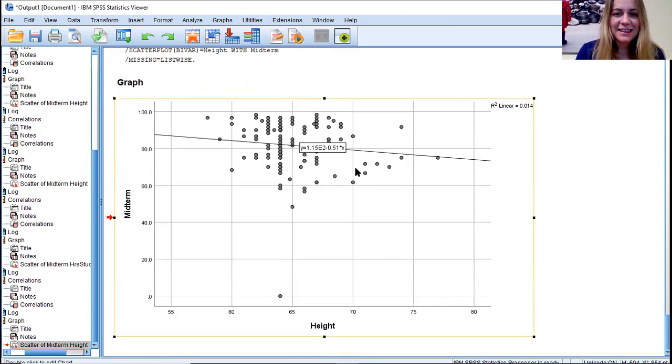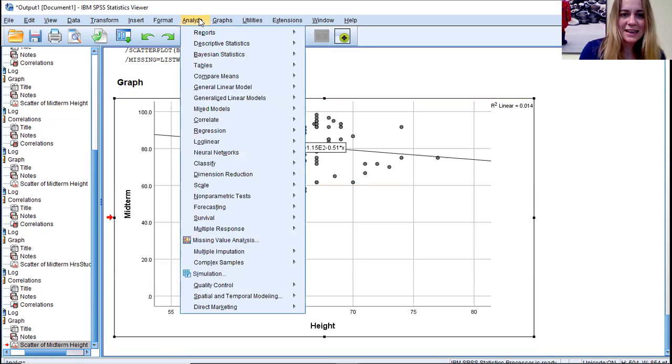We can see that it doesn't matter if you are short or if you're tall, there's going to be no relationship with your height and what your score is on the midterm. So for example, this person who's a little bit shorter scored really high, and this person who is taller also scored pretty high. So there's no consistent relationship between height and midterm score.